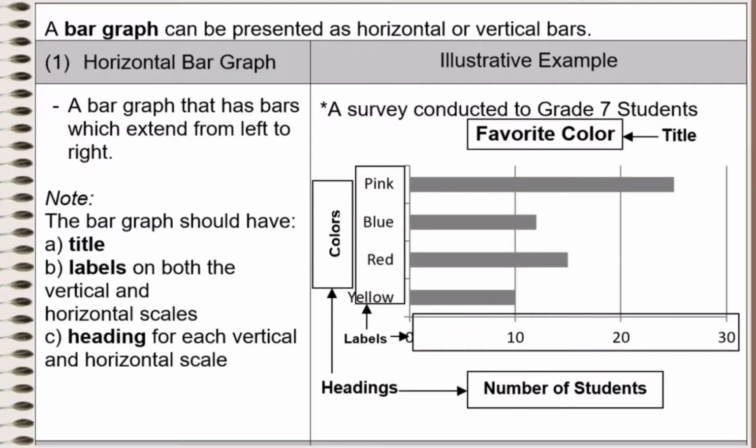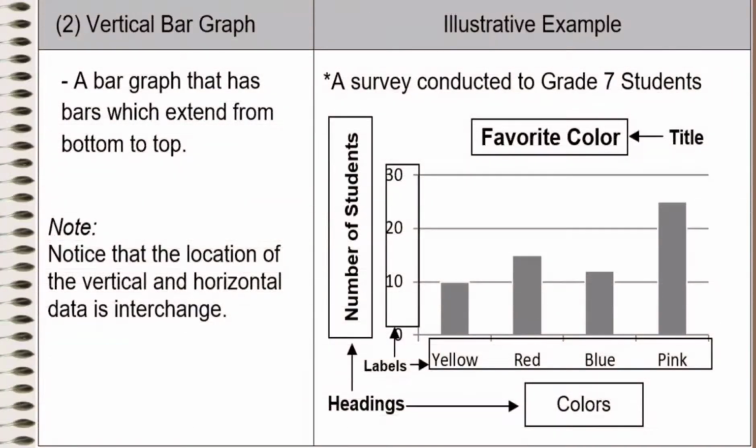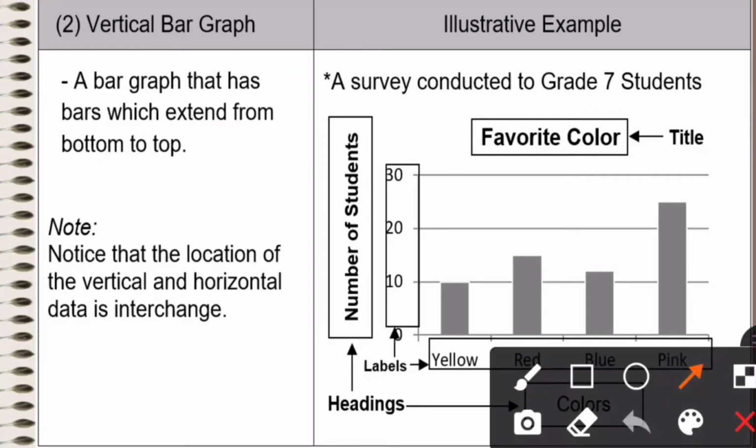Next is the vertical bar graph, a bar graph that has bars which extend from bottom to top. Take note that the location of the vertical and the horizontal data is interchanged. Nagkapalit, ano? Once again, we have the title, of course the headings, then we have the labels.